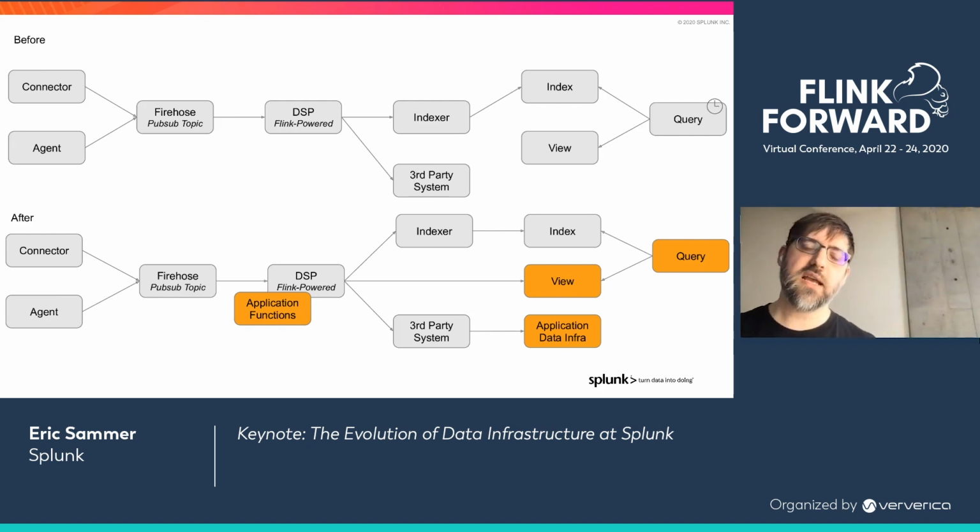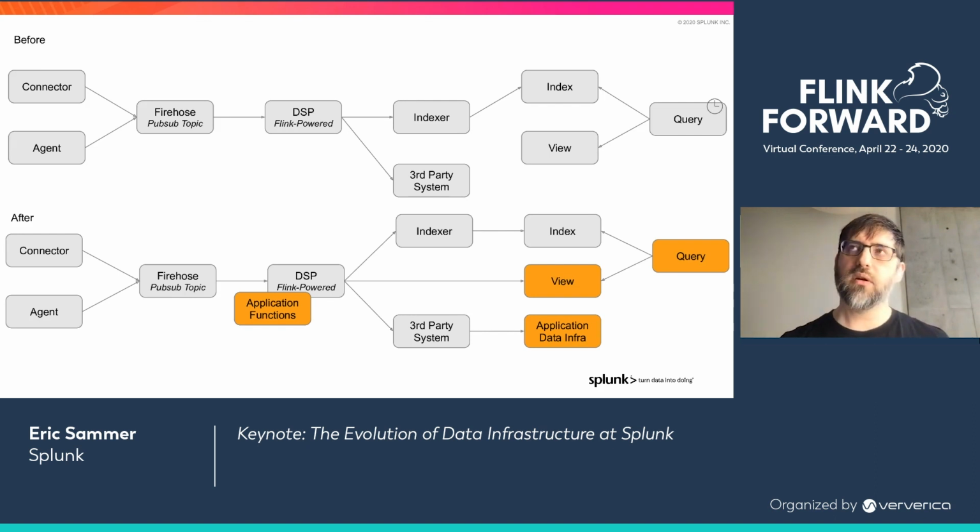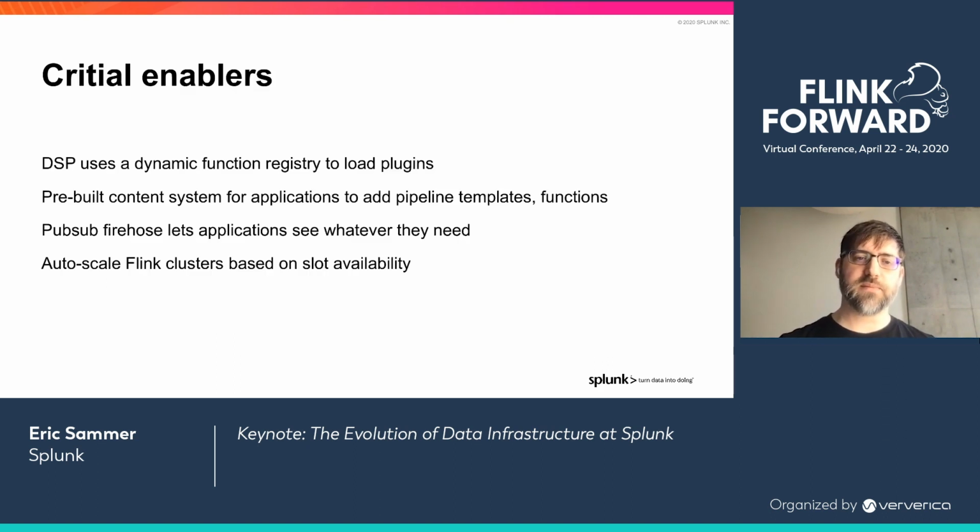One is that we allow application developers to register custom functions in the pipeline. We can populate views in parallel. And applications can use third-party data access systems because we can put things in all sorts of other data stores so that they can make use of both things.